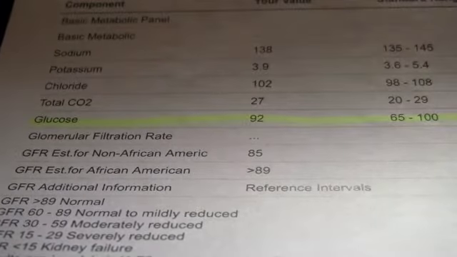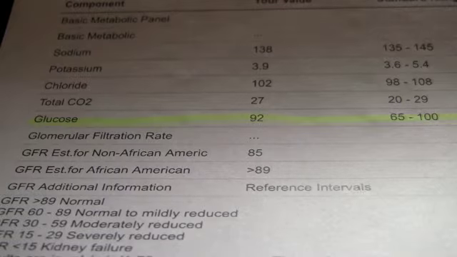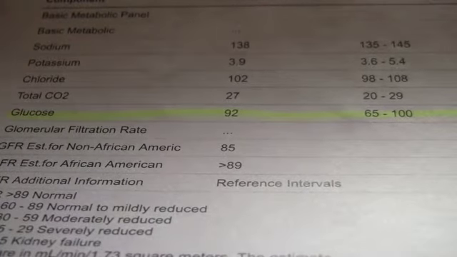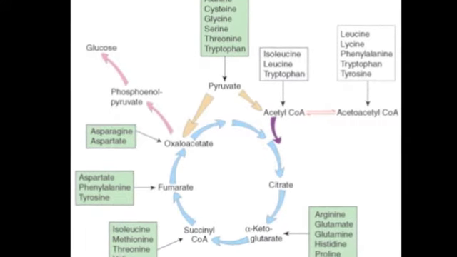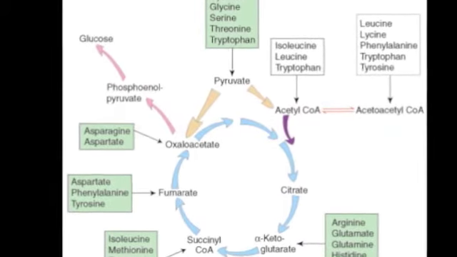Maintaining blood glucose levels in a certain range is a tightly regulated mechanism in a healthy body. But without a glucose supply, the body will use amino acids and convert them to glucose. The process of producing glucose from non-carbohydrate sources is called gluconeogenesis. Not all amino acids can be converted to glucose.